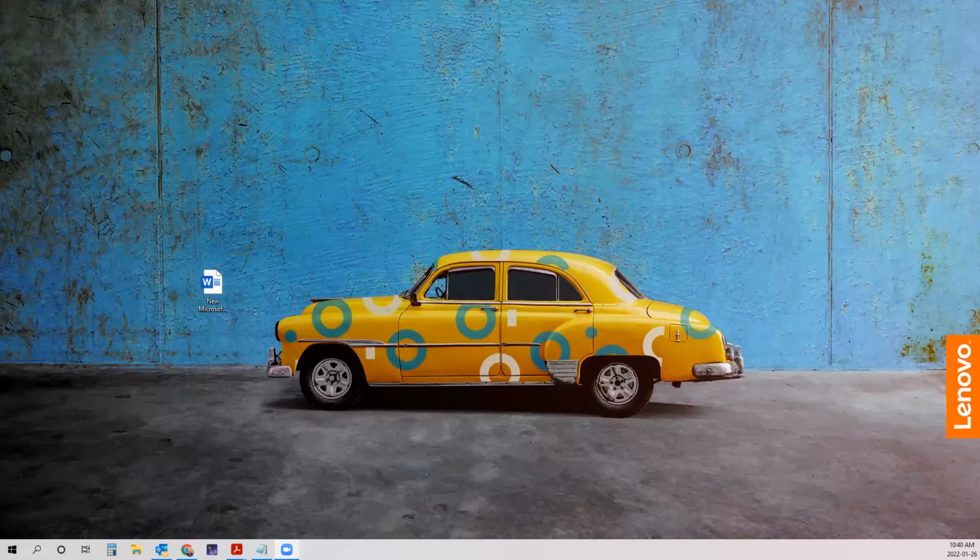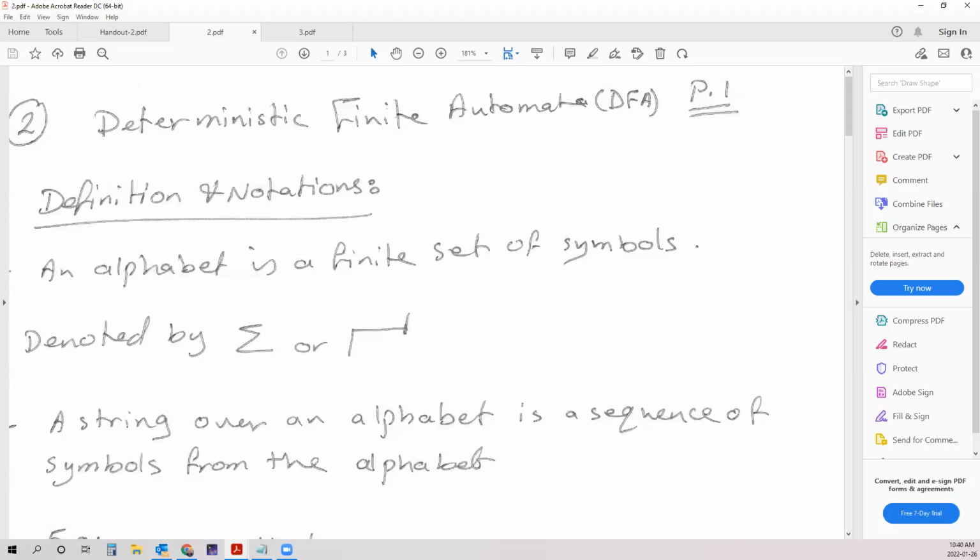Cool. Okay, recorded and saved. Okay, so I'll share my screen right now. Can you see my screen, guys? Yes.